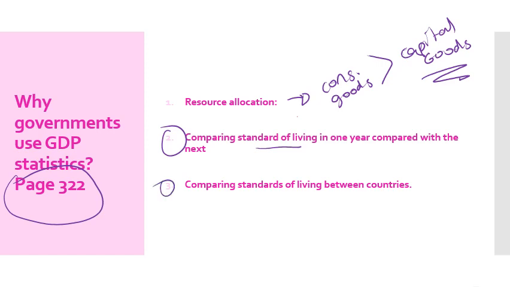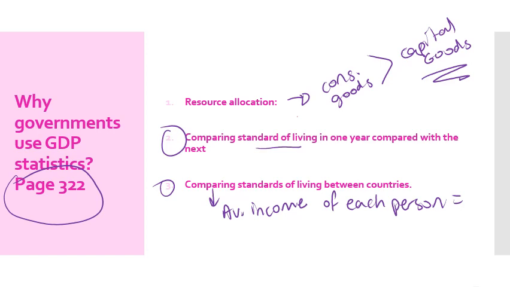Finally, they would want to compare standards of living between countries, or even between different areas of the same country if we're talking about a big country. So how can they do that? They want to find the average income of each person.